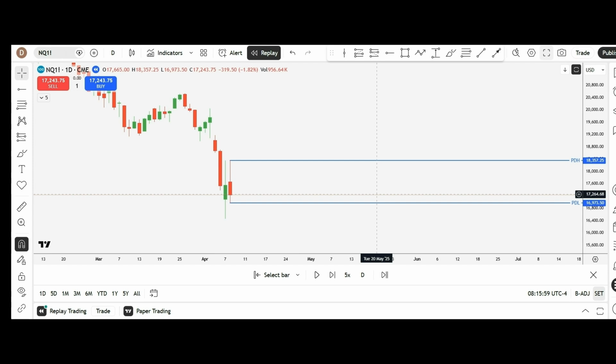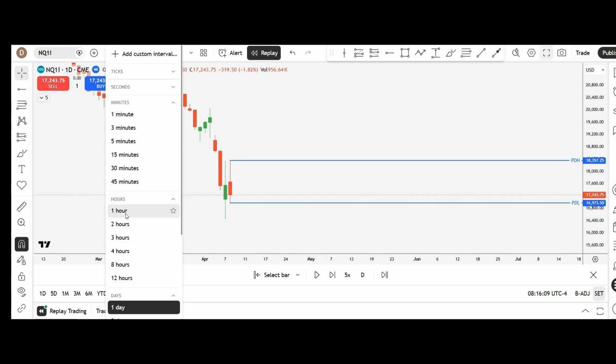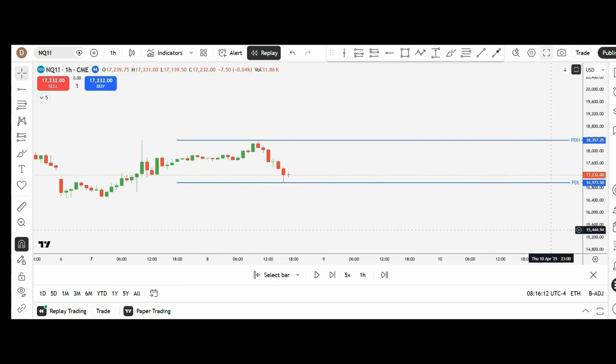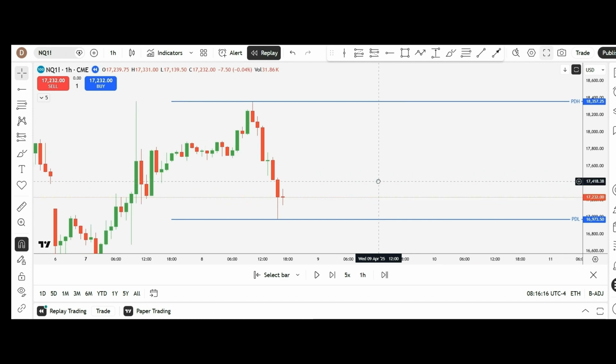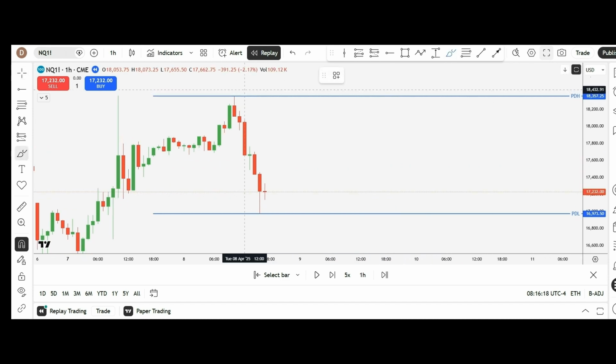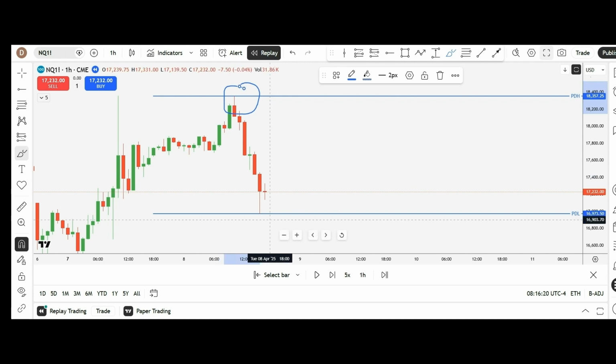Correct. But if you go to the pairing time frame, which for one day is the 1 hour time frame, we will see that these 2 points, previous day high and previous day low, are what? Swing high and swing low.